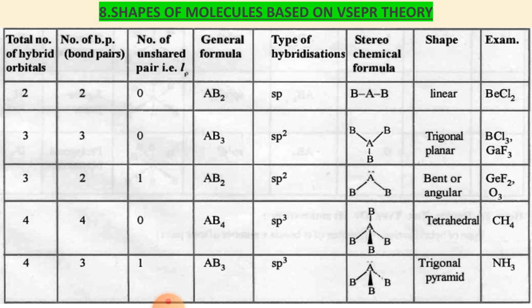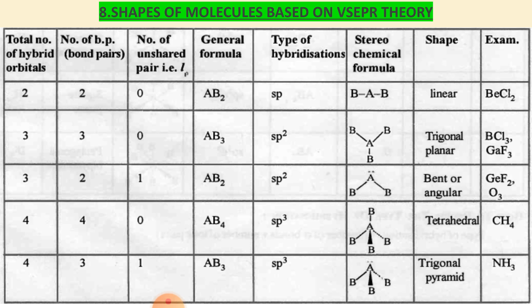The common example is BeCl2. Then total number of hybrid orbitals 3, bond pairs 3, lone pairs 0. General formula AB3, hybridization sp2, the shape is trigonal planar. The common examples are BCl3 and BF3.